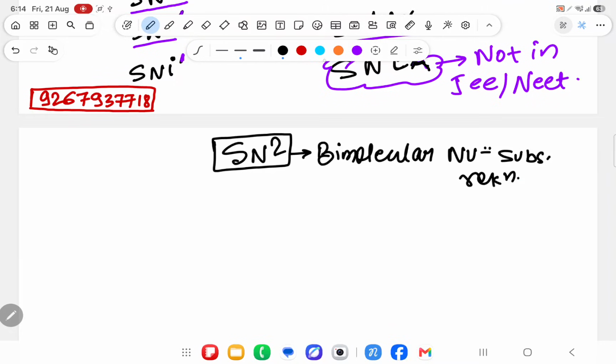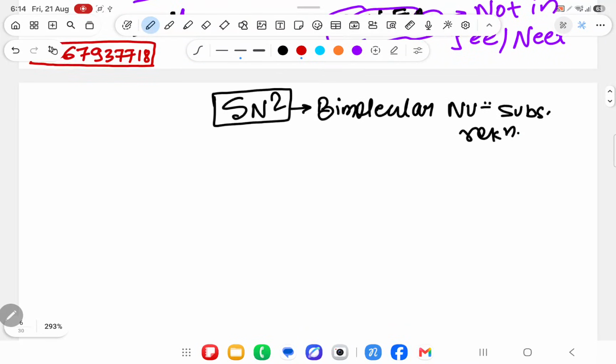Suppose over here is C, over here H, on the wedge position there is another H, on the dash position there is another H, and over here X is there.